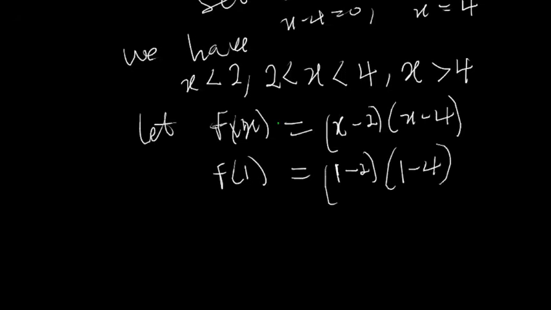And what is that? That is minus 1 times minus 3, which is plus 3. Our answer is positive. That means anything lesser than 2 will give us a positive answer.